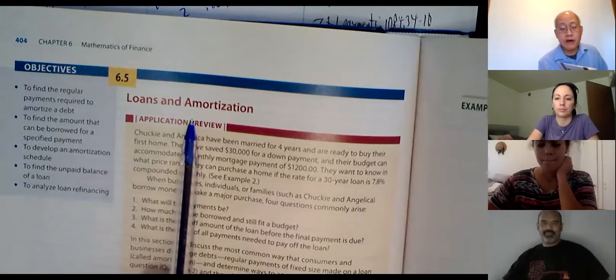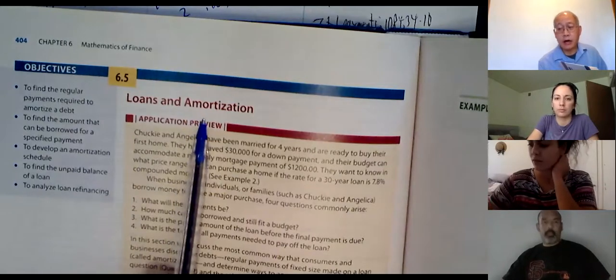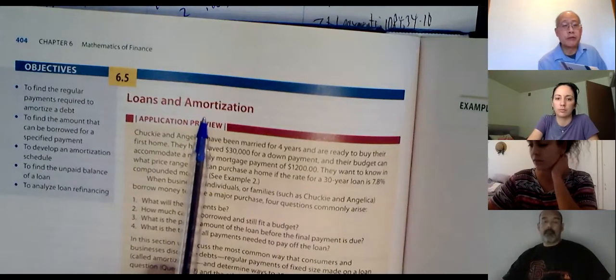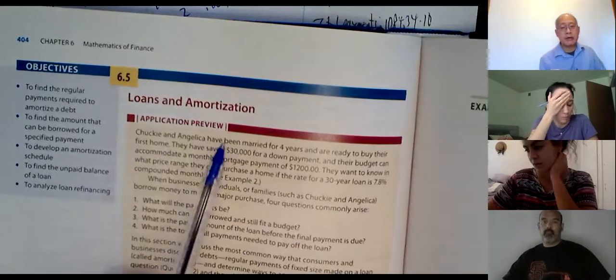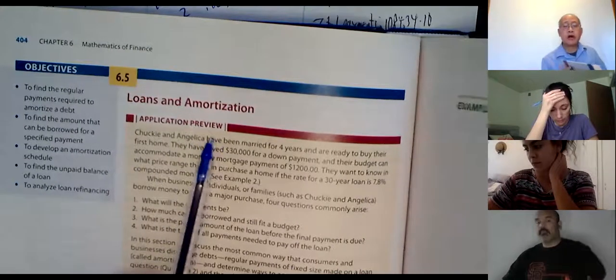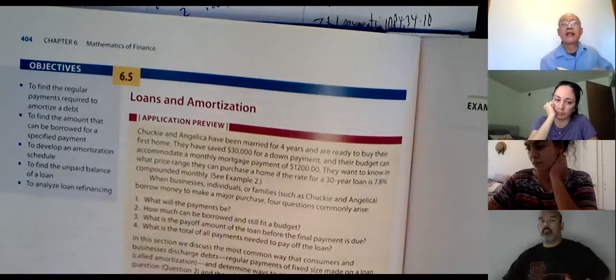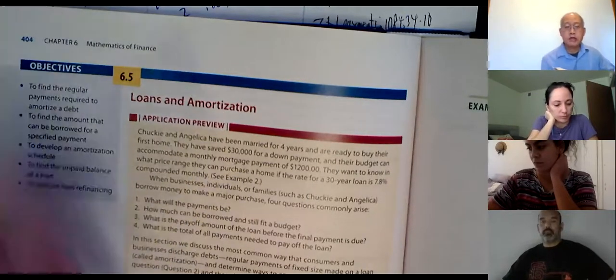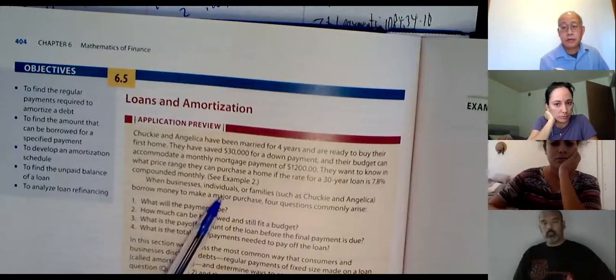Very rarely does anybody have the money to put the whole thing down and pay it all off. Quite often you have to borrow money, right? So you borrow so much money, and then every month, for instance, you pay a certain amount back until it's all paid up, correct?